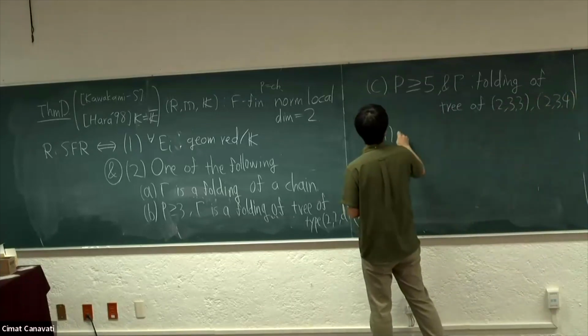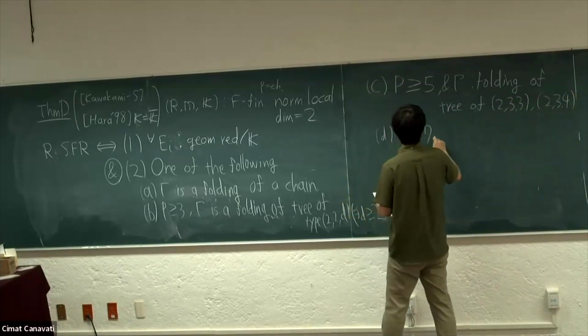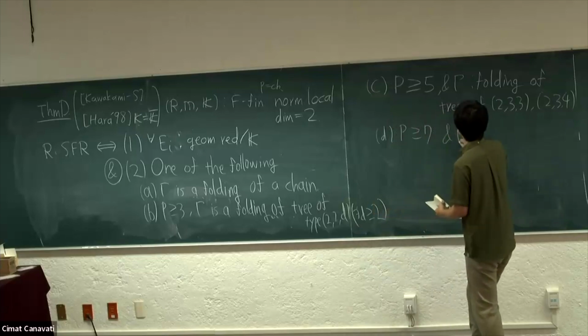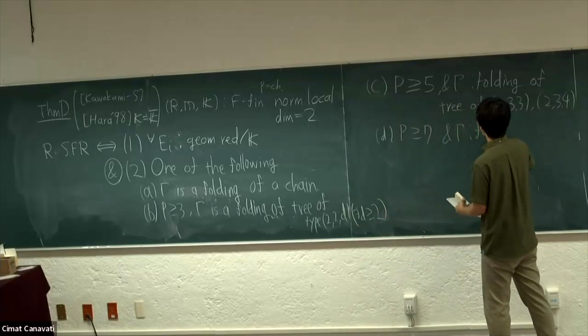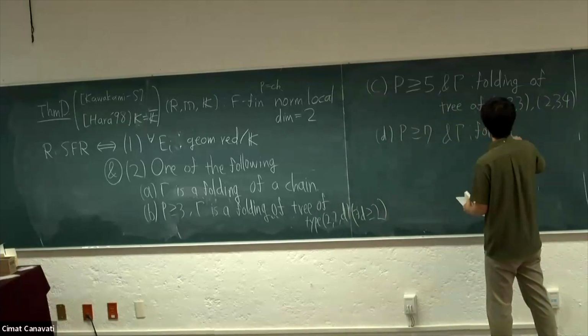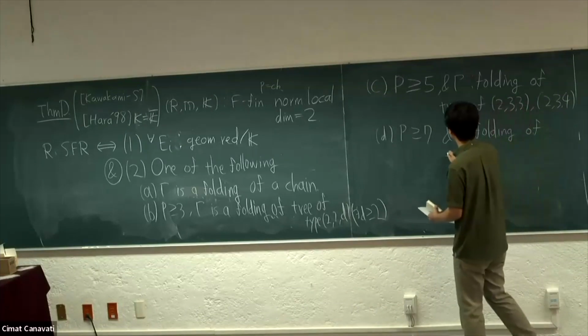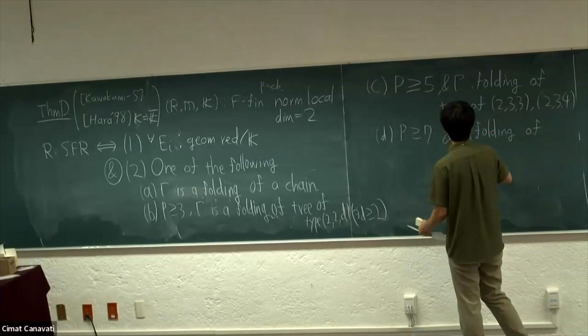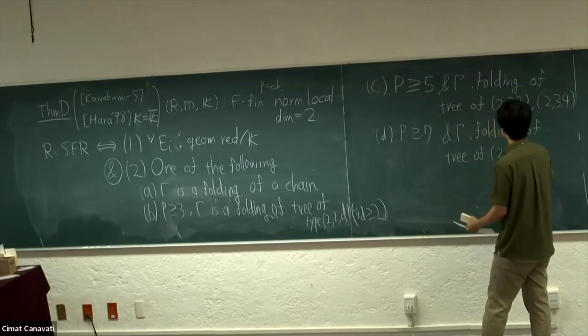And the final case, gamma is a folding of 3 of 2, 3, 5.